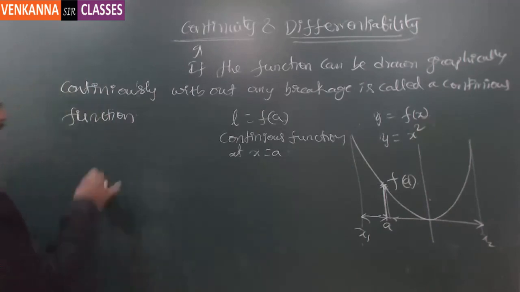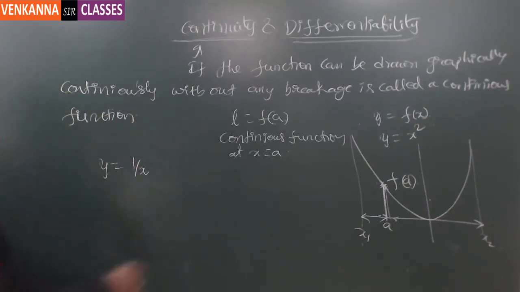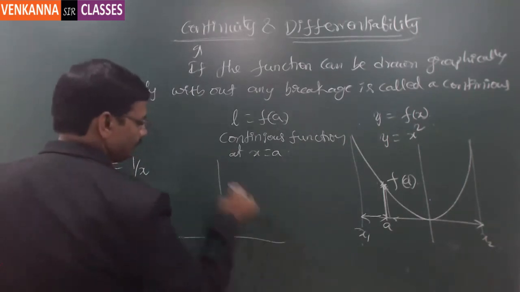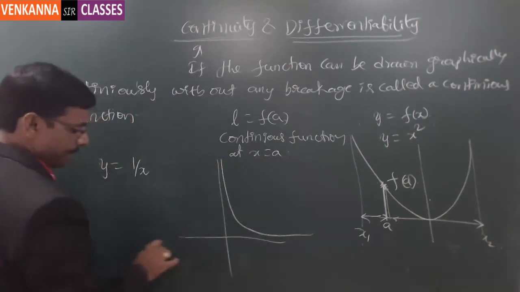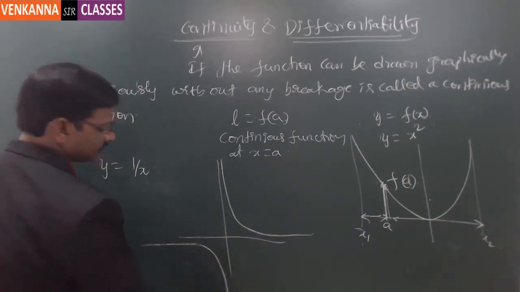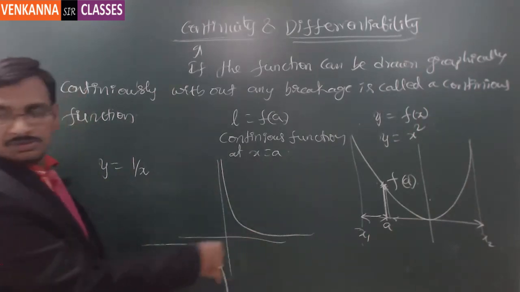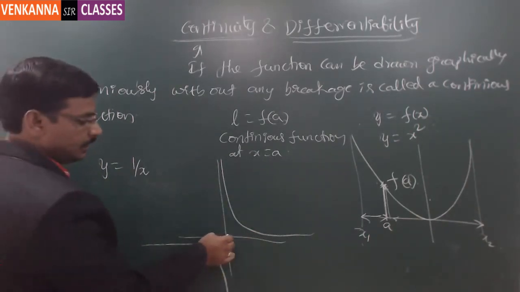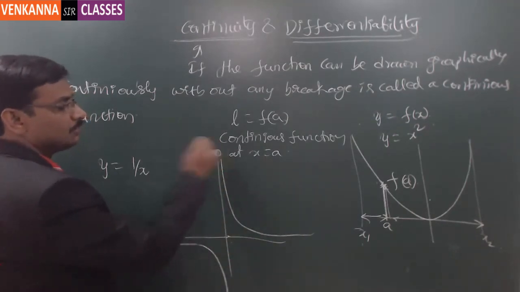Suppose I take one case, that is y is equal to 1 by x. Now if I try to draw the graph of this, it will be this way. This is how the graph will be. Now here, if I take x near 0, that is immediately after the right side of 0, then the function value is almost infinite.